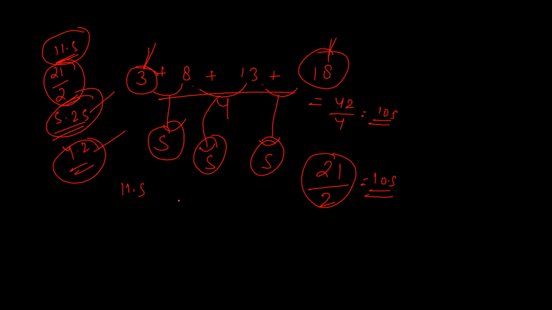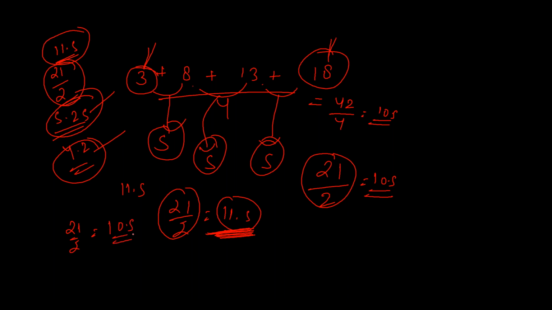A lot of you have made this mistake. So guys, you just have to be very careful. 21 by 2 is 10.5, not 11.5.